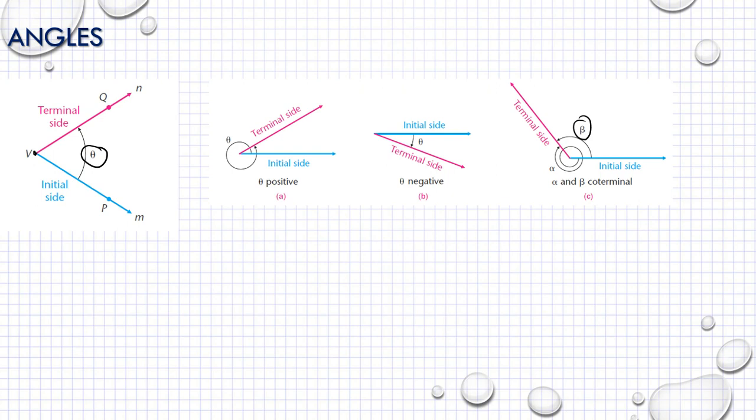But if I'm going to do a clockwise, then I have a coterminal there. It is called alpha. Yeah, that is on angles.